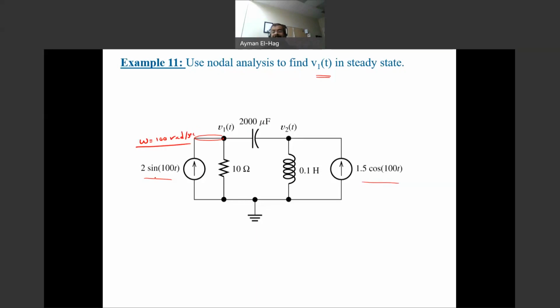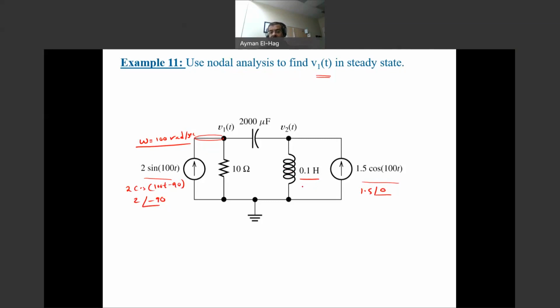Okay, now this is sine. I cannot keep it as a sine, so I will convert this first to cosine. So this becomes 2 cos(100t - 90°), so this is 2∠-90°. This is already in cosine, so this is 1.5∠0°. Now we have here, this is jωL.